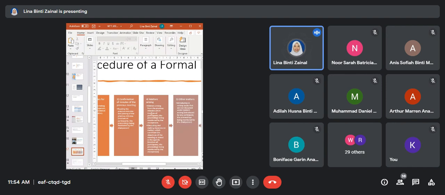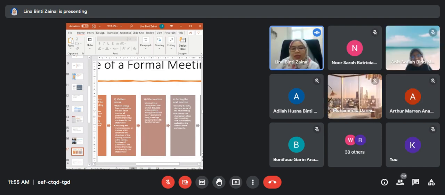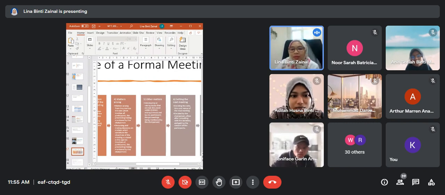Whatever you have mentioned, included in the agenda in your notice just now, those are the things that you'll be discussing. And then you move on to other matters where you introduce or raise any issues that are not discussed under matters arising. Okay, for example, it can be introduced by any participant.